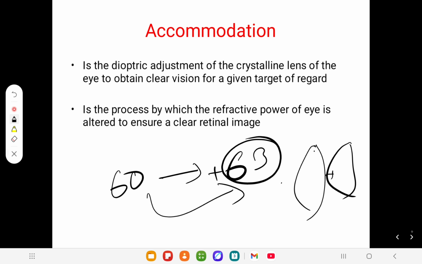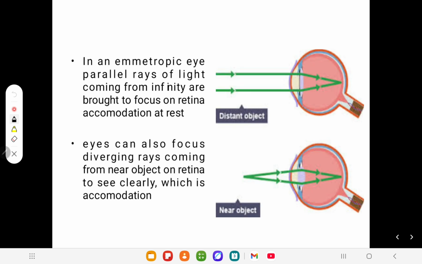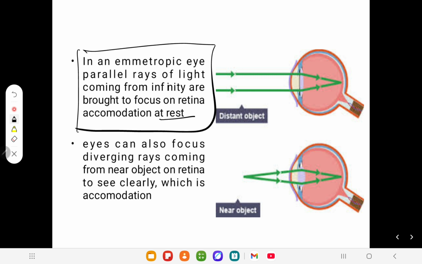So, in an emmetropic eye, the parallel rays of light coming from infinity are brought to focus on the retina with accommodation at rest, and that's the definition of emmetropia, isn't it? But I can also focus diverging rays. A near object always emits diverging rays, and I can focus those diverging rays coming from a near object clearly on the retina, which is accommodation.